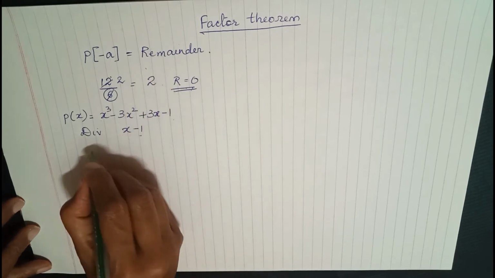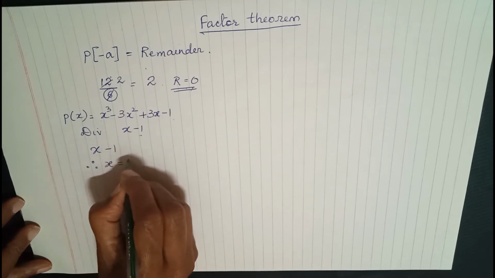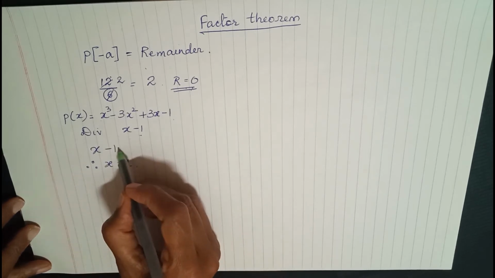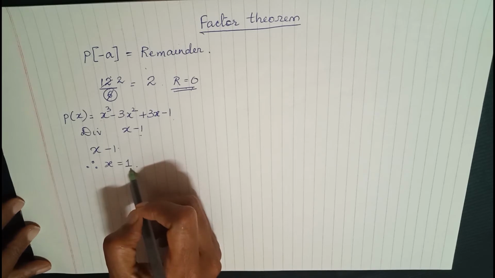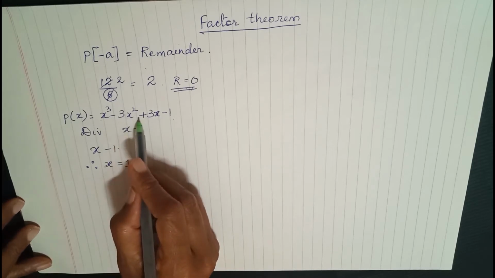That is, using the divisor which is x minus 1, we take the value of x as 1, that is opposite sign of what is present in the divisor, and we find the value of the polynomial using this value. And if we get remainder 0, then we can say x minus 1 is a factor of this polynomial.